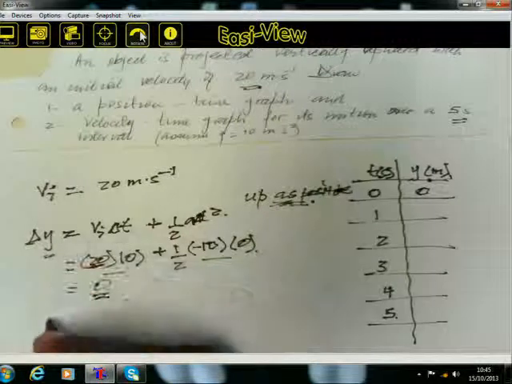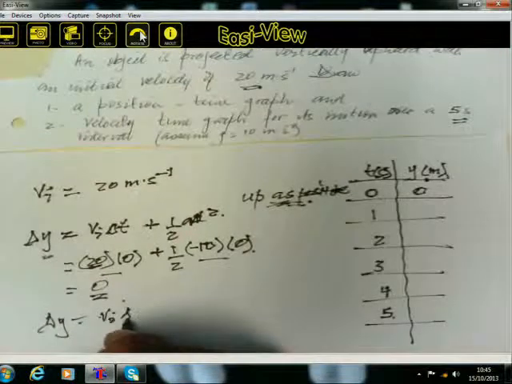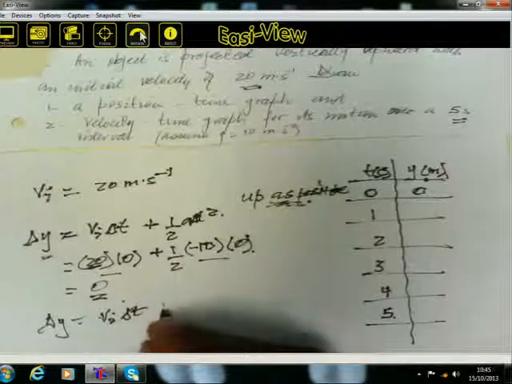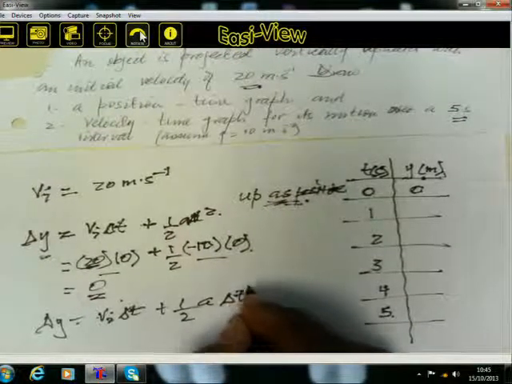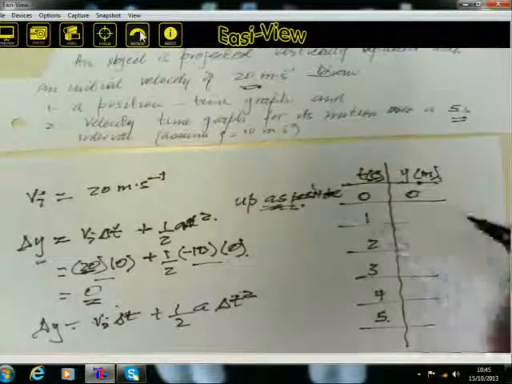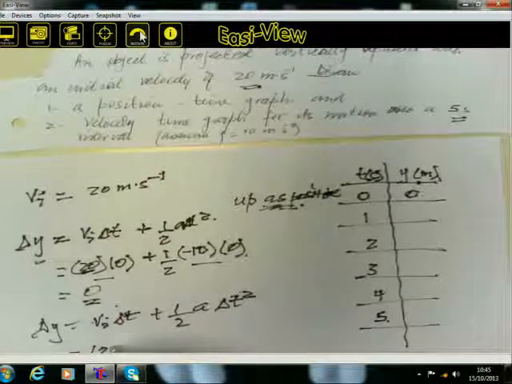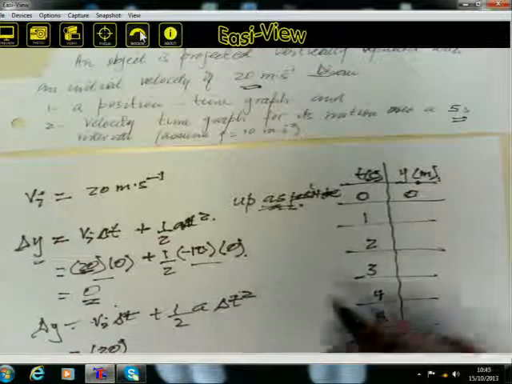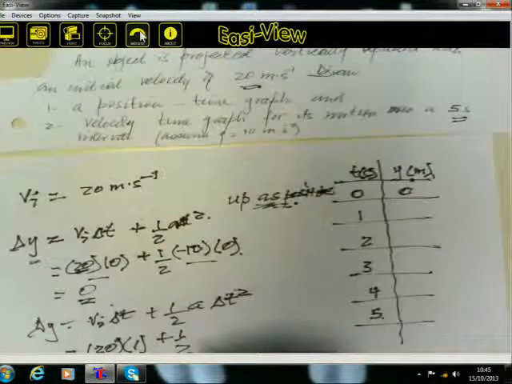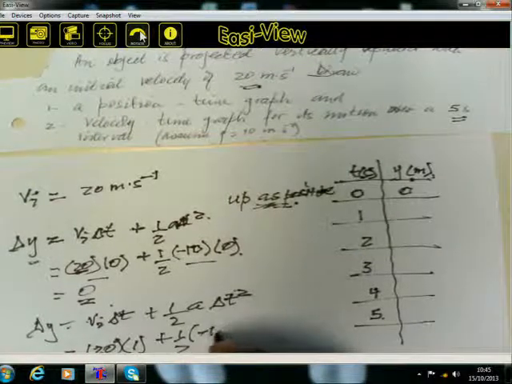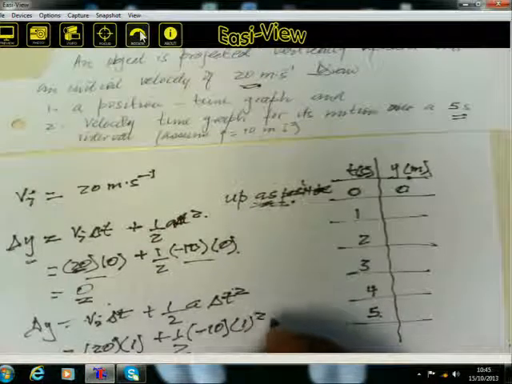So our first coordinate there will be 0, 0. We can do this to say delta y is equal to vi delta t plus half a delta t squared. Now what happens when t is equal to 1? Then we substitute there. Our initial velocity is 20. Our time will be 1 second plus half of -10, which is our acceleration due to gravity, times 1 squared.